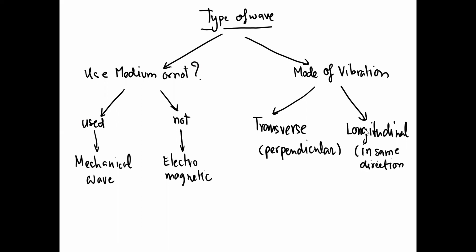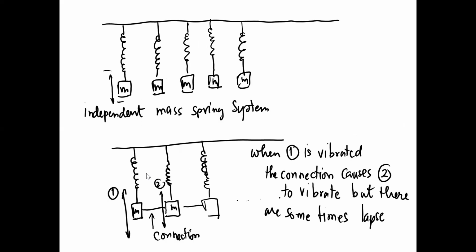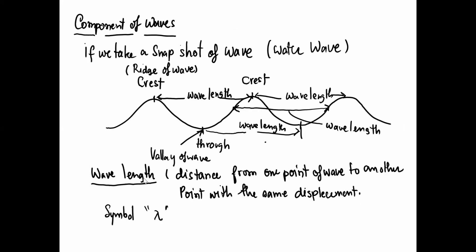If it's longitudinal, or the same direction, it's called a longitudinal wave. So in a sense, an electromagnetic wave is also a transverse wave because the change of their vectors is perpendicular to the direction of motion of the wave. Okay.